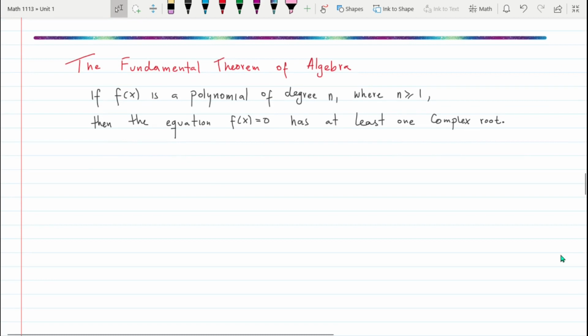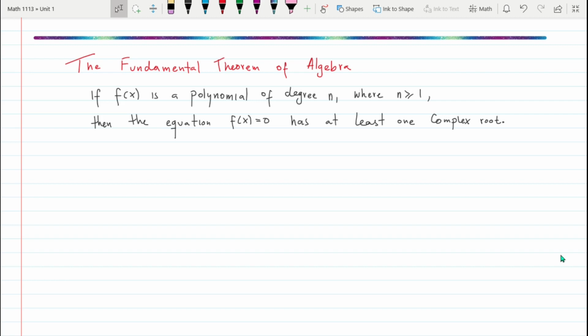A very important thing in mathematics is the fundamental theorem of algebra, and it pretty much describes the previous property that we talked about. So if f of x is a polynomial of degree n, where n is greater than or equal to 1, then the equation f of x equals 0 has at least one complex root.